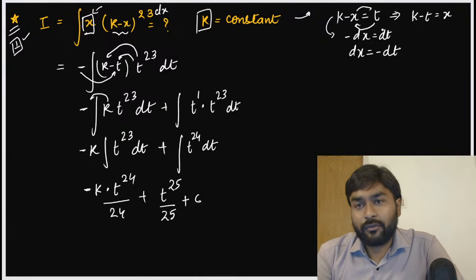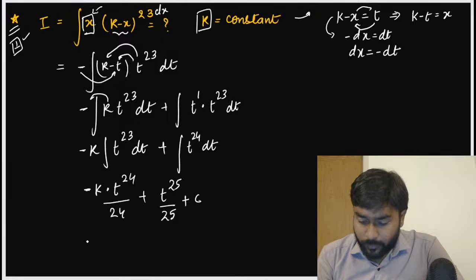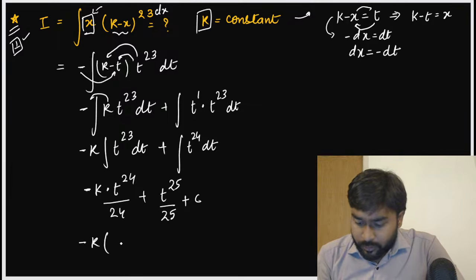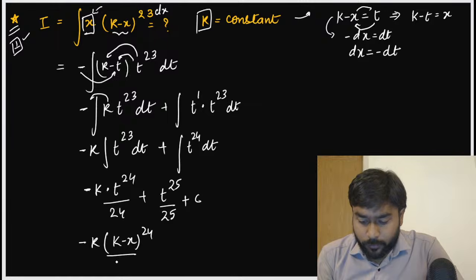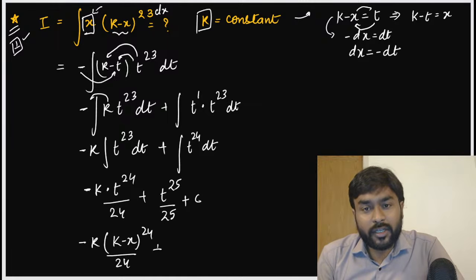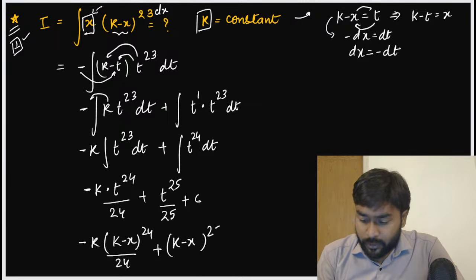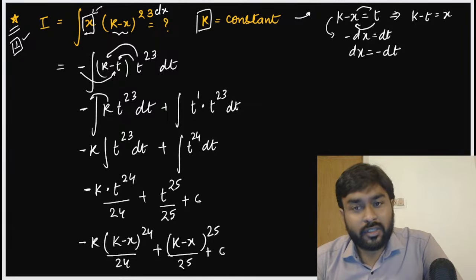Okay, so at the place of t, you can write k minus x. So finally, minus k. So t will be what? K minus x power 24 by 24. And here you can write k minus x power again 25 divided by 25 plus c. So that will become your answer.